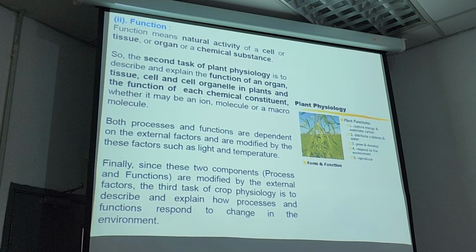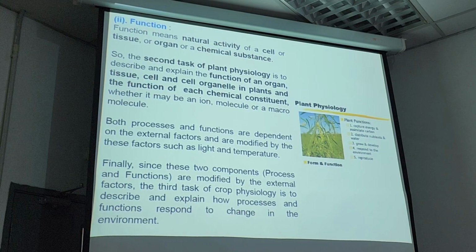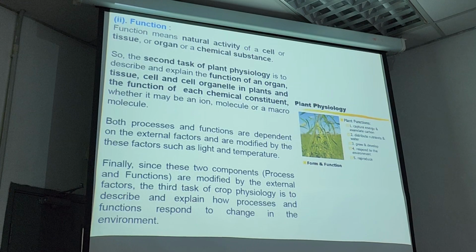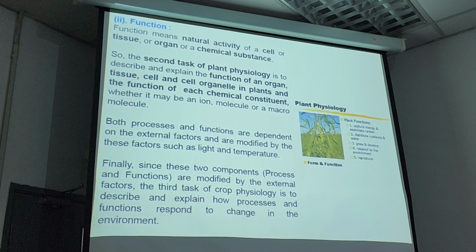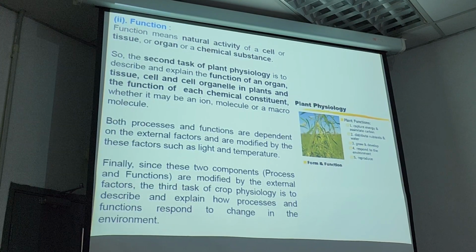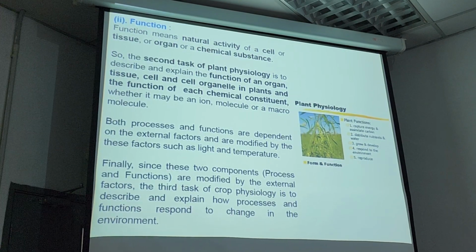And then maybe you can talk about the function of specific organelle. There is one organelle in plant that is not present in human. Vacuole. Okay, vacuole. Any other thing? Chloroplast. Any other thing? Cell wall.